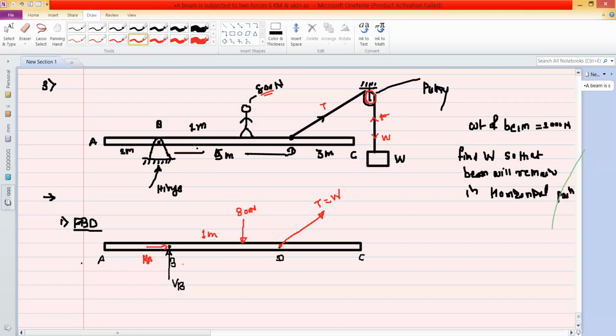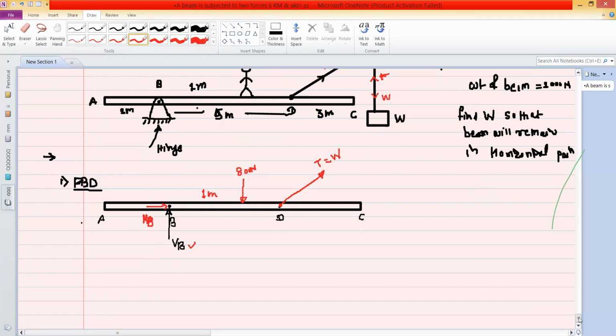If you observe this free body diagram, there are three unknowns. One is VB, the vertical reaction at point B, then HB, the horizontal reaction, and the tension or the weight W. So we have to find the weight W. We have three equations: summation Fx equal to 0, summation Fy equal to 0, and the third equation, summation of moment equal to 0.